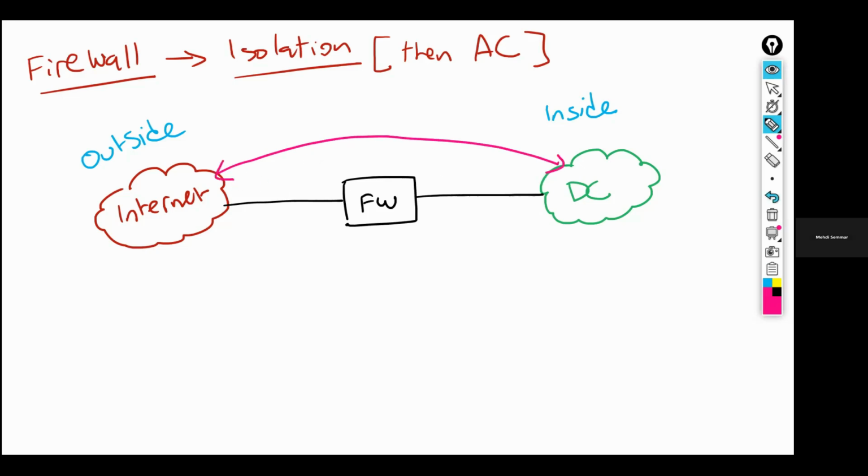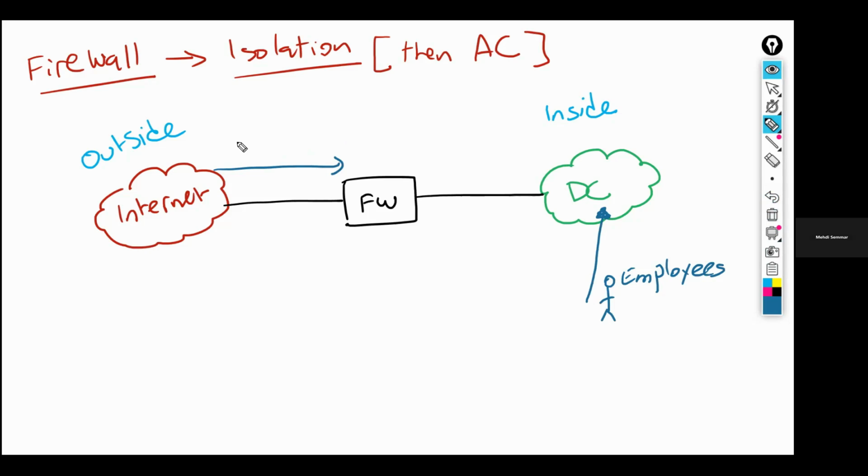For example, if I know that no one from the internet is supposed to access my data center, imagine that you have internal users. These are employees. These employees are the only people who can access the data center. In this case, you configure a firewall policy to deny any protocol from the internet to the data center.